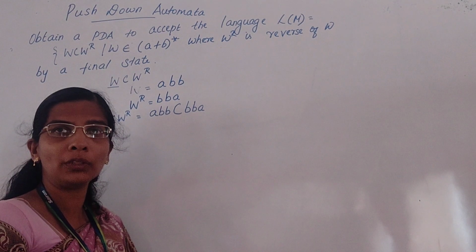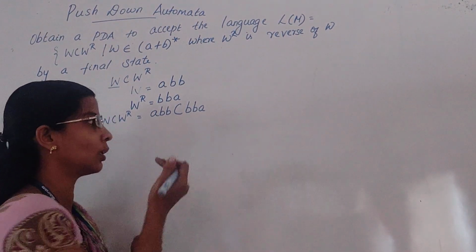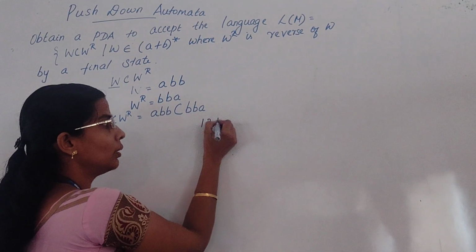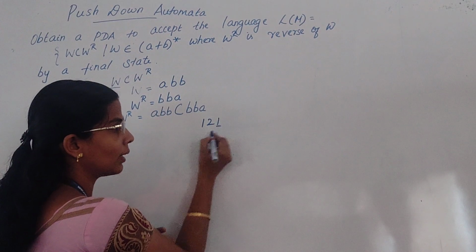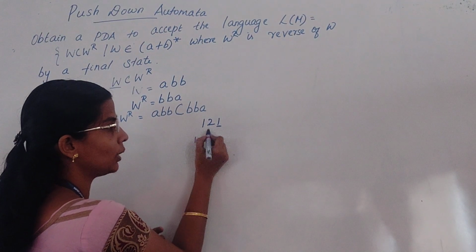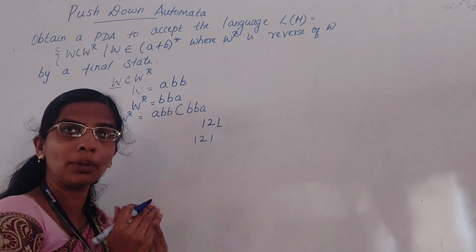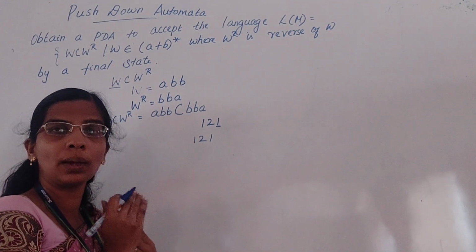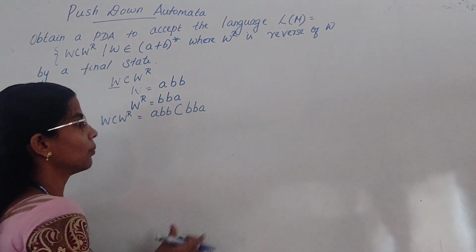You know what a palindrome string is? Even if you reverse it, you should get the same string. If you take a number like 121 and reverse it, writing the last digit first, then 2, then 1, and you get the same number, that number is known as a palindrome number. Now reverse this string.